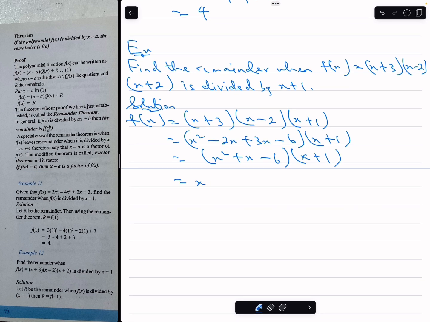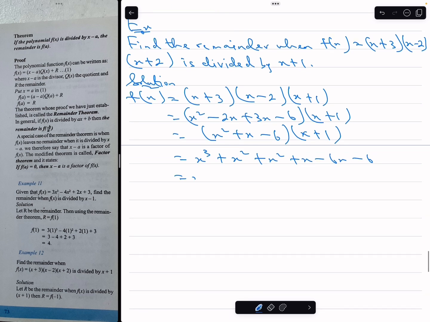And that's equal to x cubed plus x squared plus x squared plus x minus 6x minus 6, which is equal to x cubed plus 2x squared minus 5x minus 6.